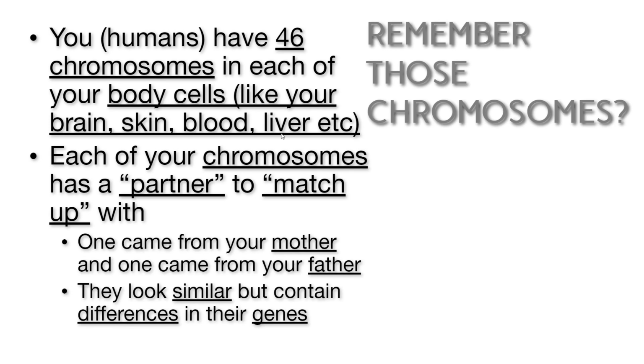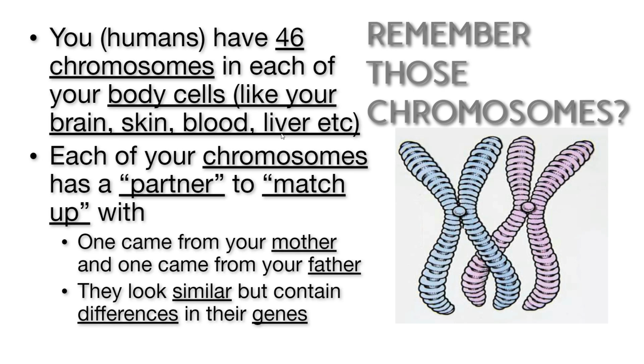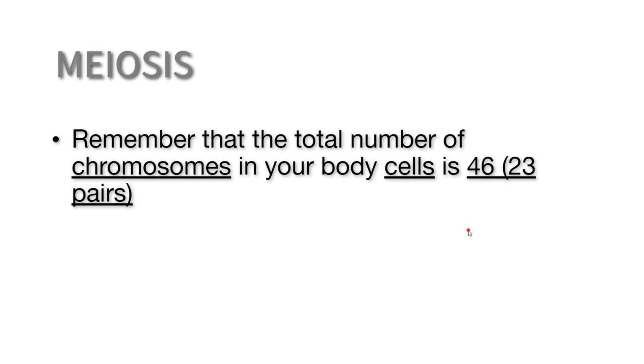They look similar but contain differences in their genes. These are just some representations of chromosomes. It's a centromere, okay, that connects the two. So remember that the total number of chromosomes in your body cells is 46.